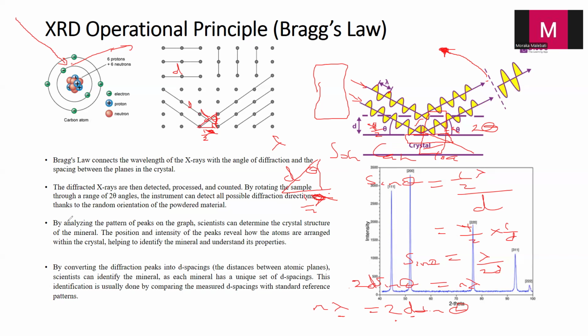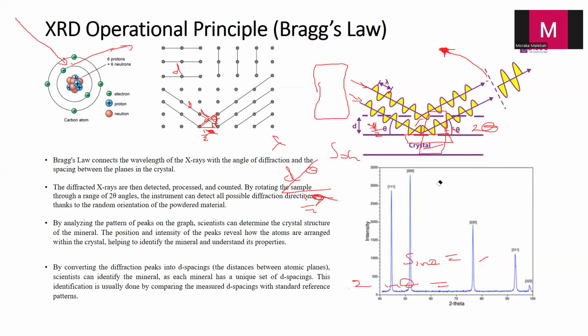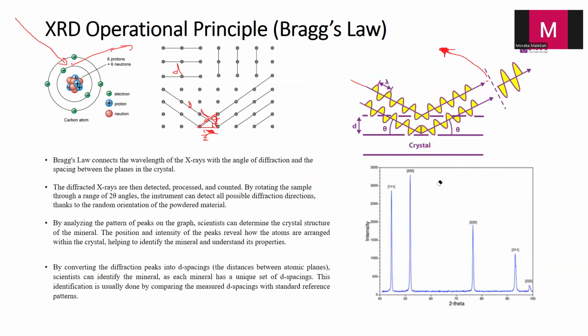By analyzing the pattern of peaks on this graph, as the detector and the samples are rotated, you get to see these peaks on the computer, a graph of 2 theta and the intensity.